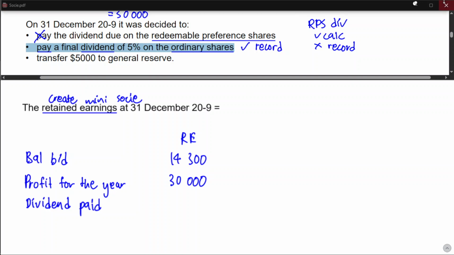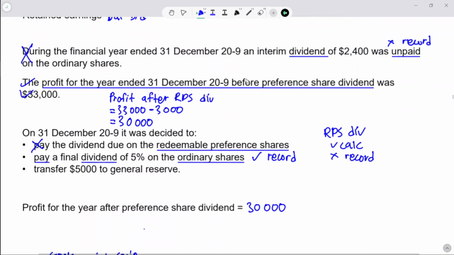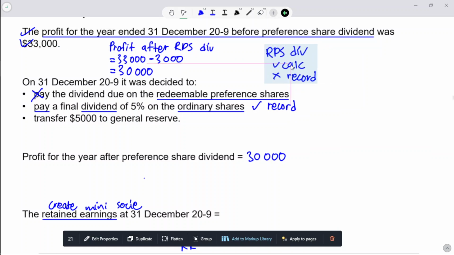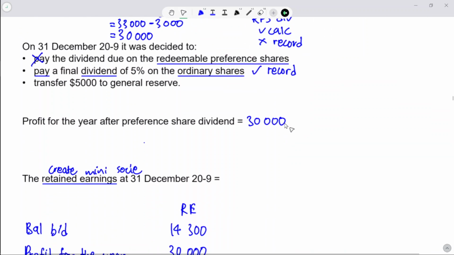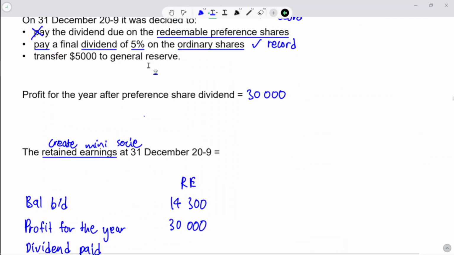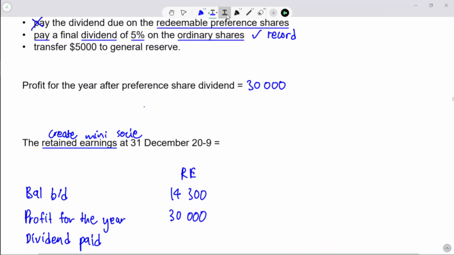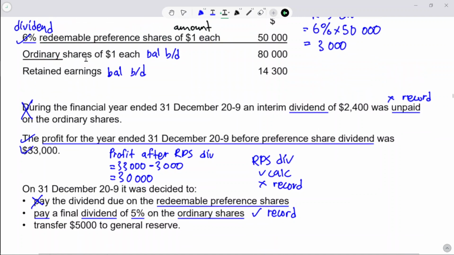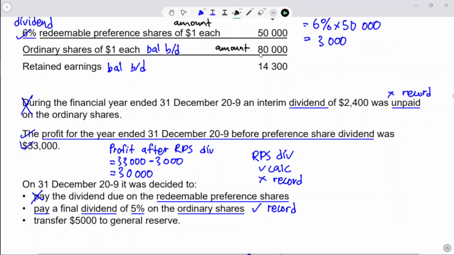Oops, I think I need to do some calculation. Okay, so the dividend is actually 5%. And for the ordinary shares, I'm not sure what amount. So let's see. The ordinary share is this amount. It's 80k.